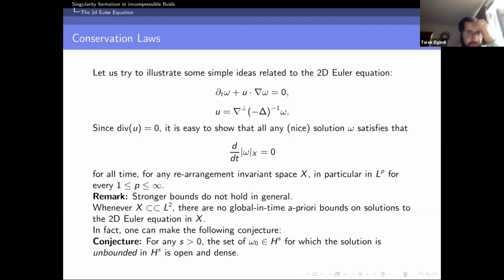In fact, one can even conjecture that in any regularity space, the set of initial data for which the solution is unbounded is open and dense. This is just a conjecture at this point, and I think it's a very interesting problem to study. But the point is that other than the obvious bounds, you should not have anything stronger.